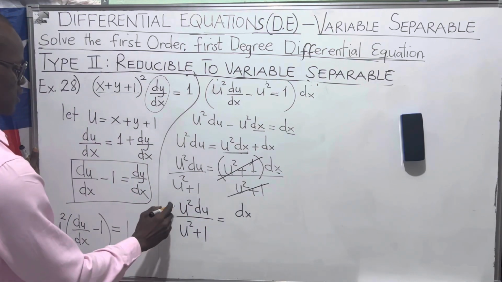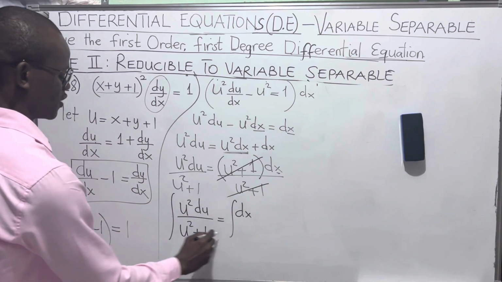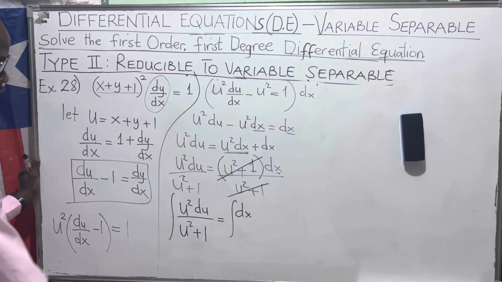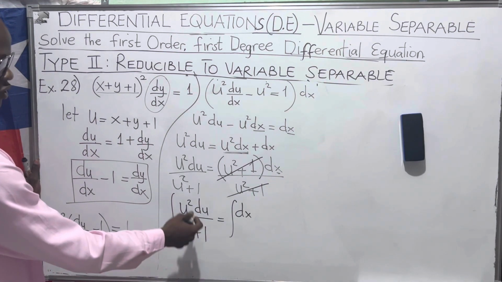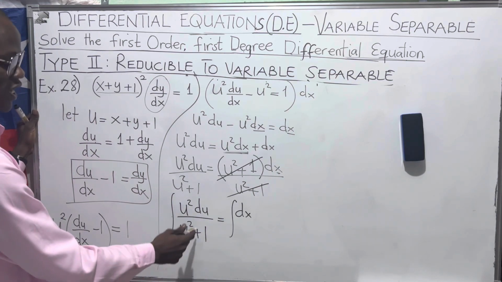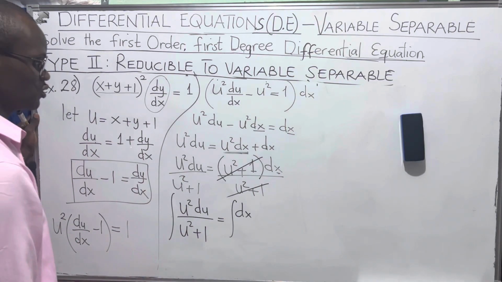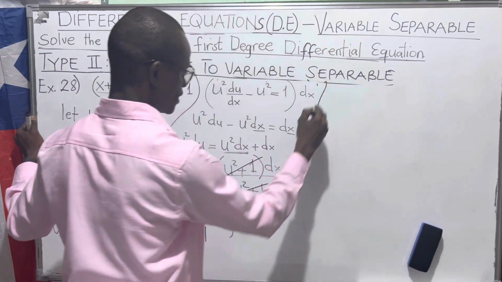Now we can integrate both sides since the variables have been separated. We could use u substitution, long division and partial fractions, but we don't need to do that. We can use the shortcut method.